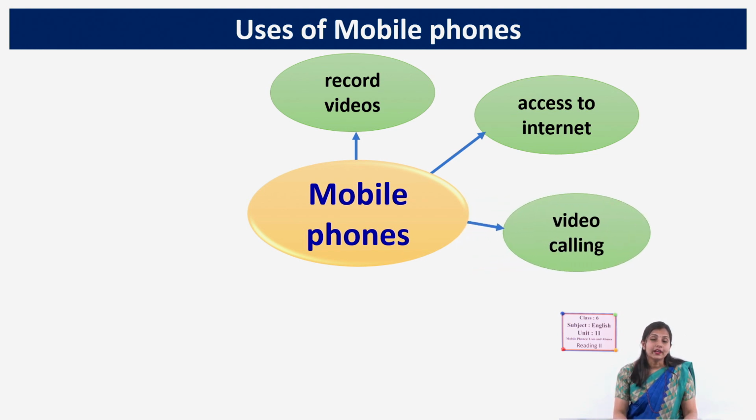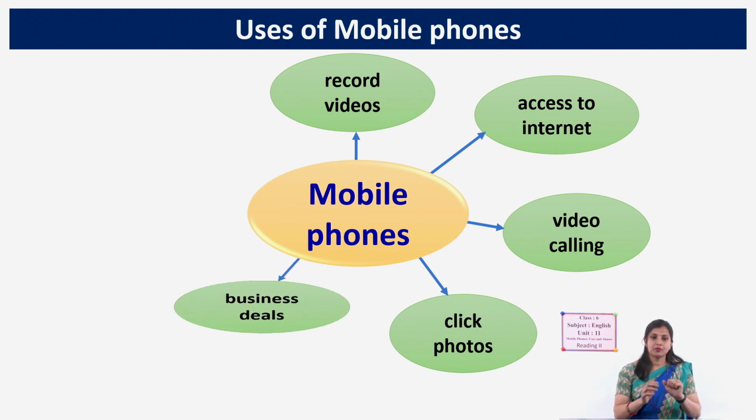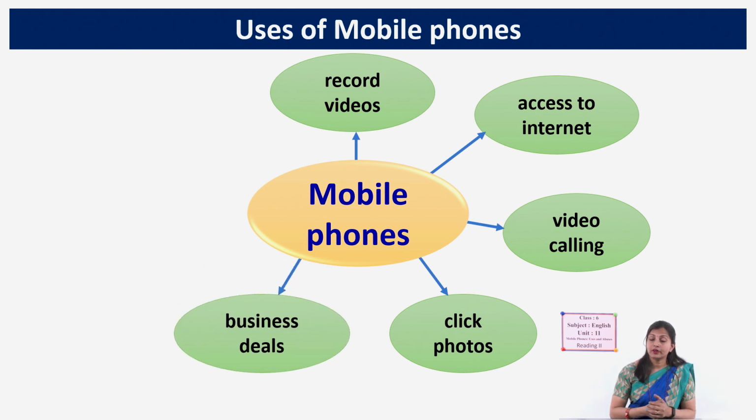Video calling with our friends and family who are very far from us or even near to us. We can see the face and talk. Click photos, that is what we do. We take selfies and photos using mobile phones. Business deals, we talked about it last time, like online shopping.